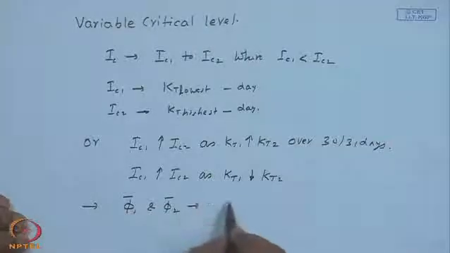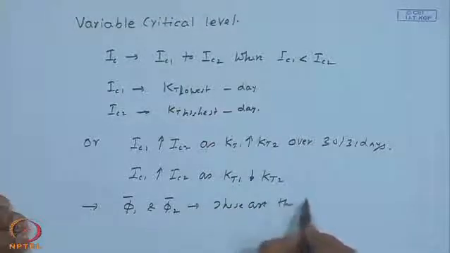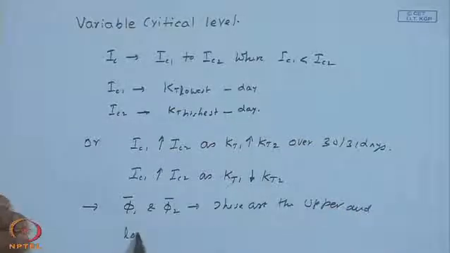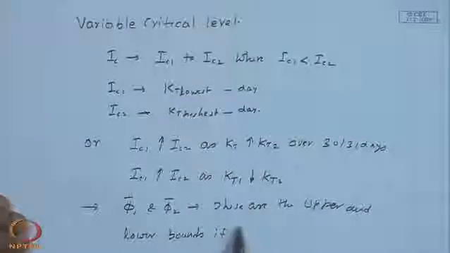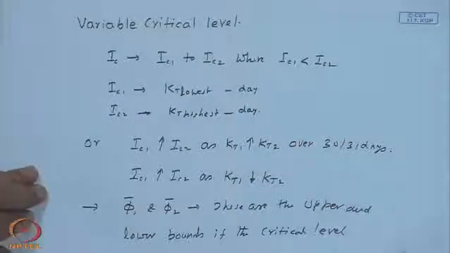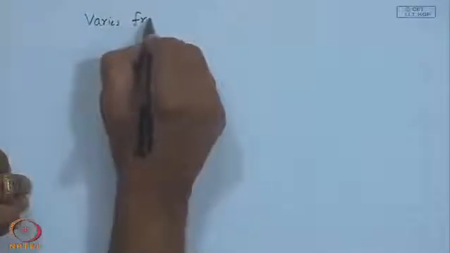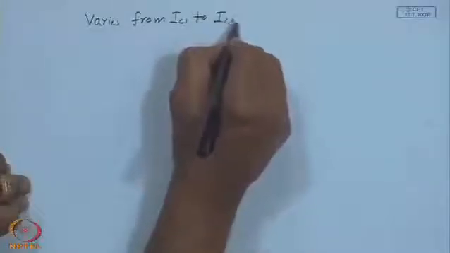So, these are upper and lower bounds if the critical level varies from I C 1 to I C 2.